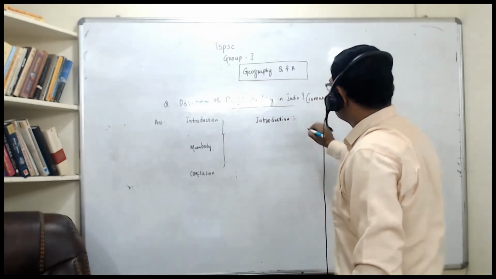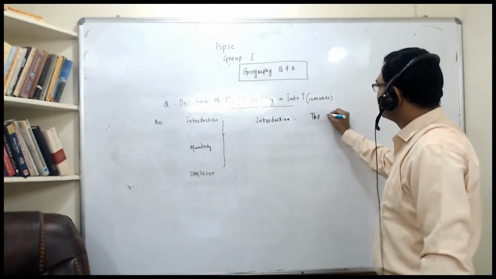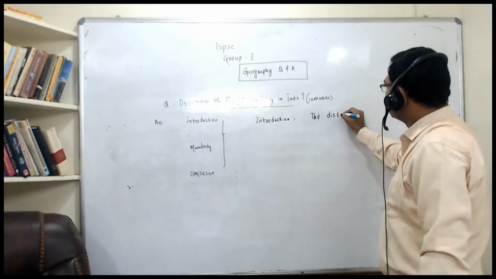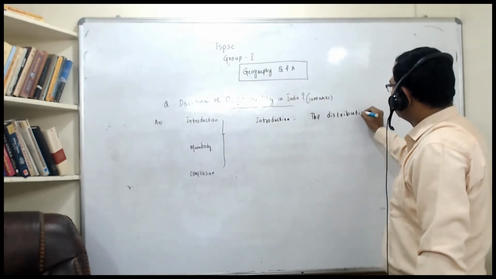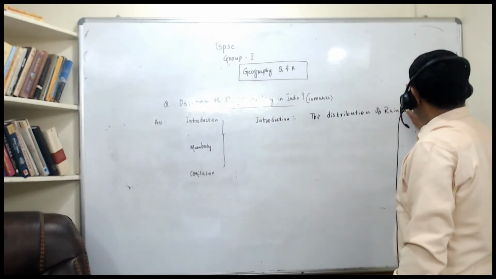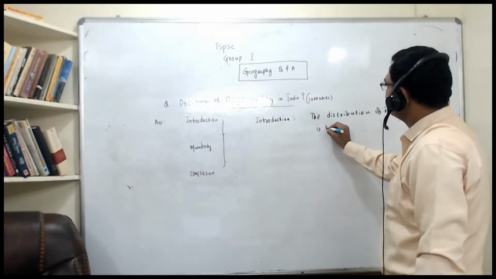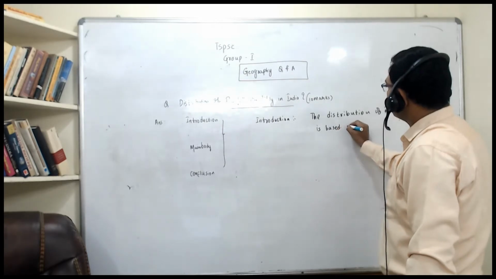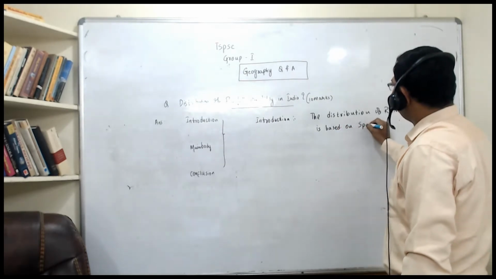The distribution of rainfall is based on spatial and temporal distribution.